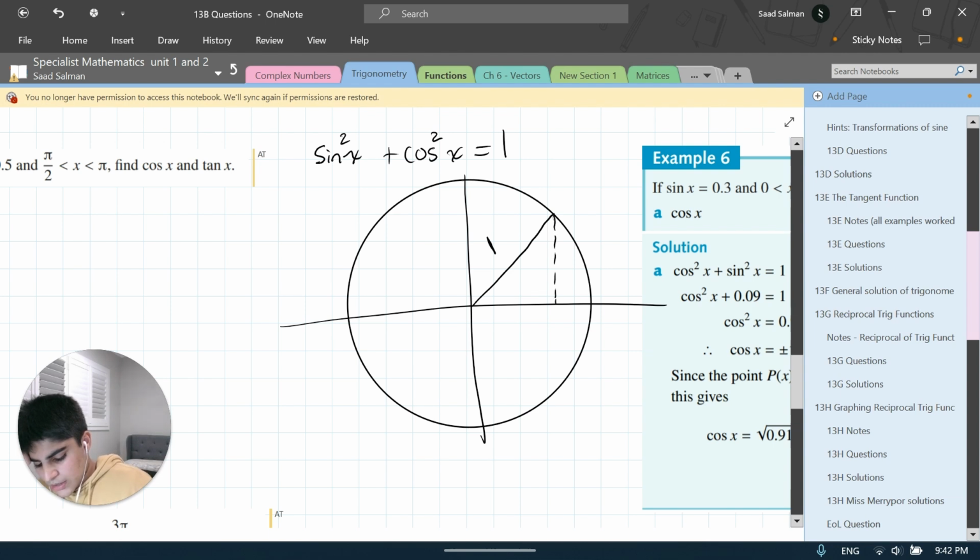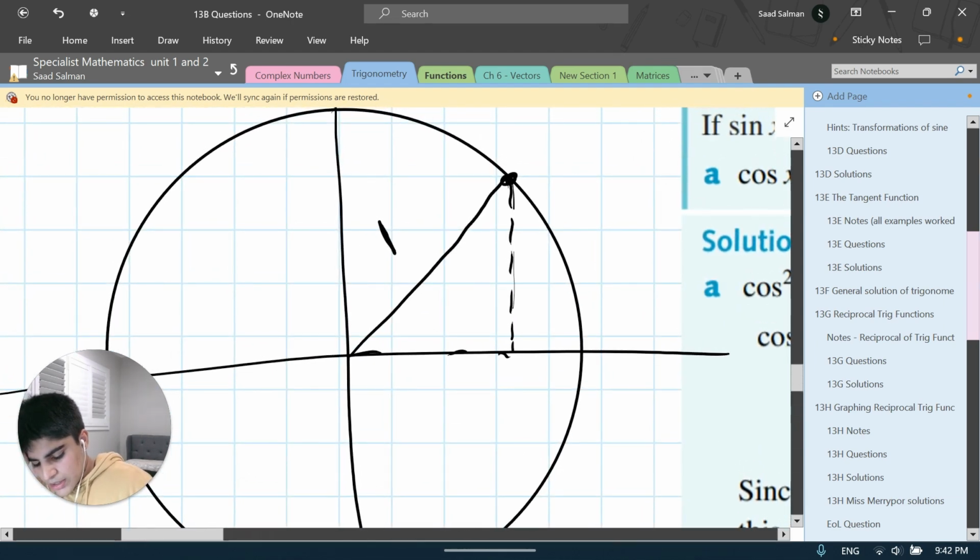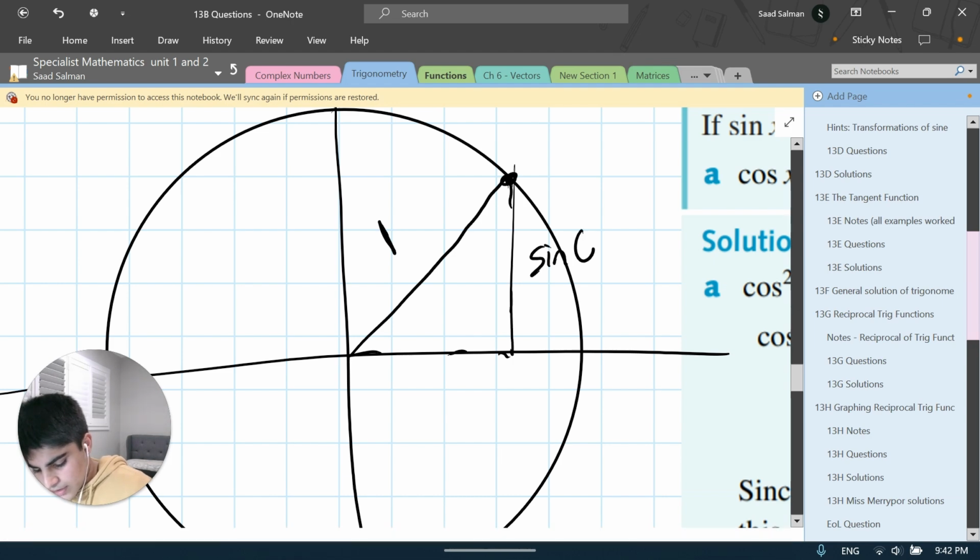Let's make this dotted line. This is P theta. This value is sine theta, this is cos theta, and this is the right angle.